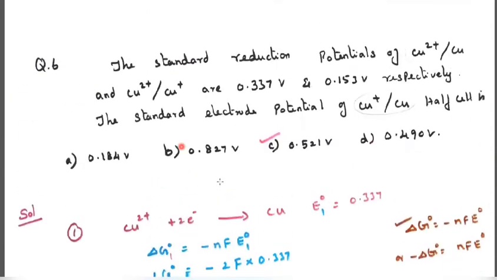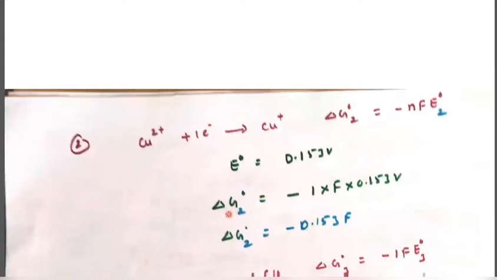Then for the second case, Cu2+ to Cu+, the potential is 0.153 volt. Delta G naught equals minus nFE naught, where n is 1 because Cu2+ is converted to Cu+. Here 2+ and here 1+, the difference is 1 electron, put near the higher oxidation number side.